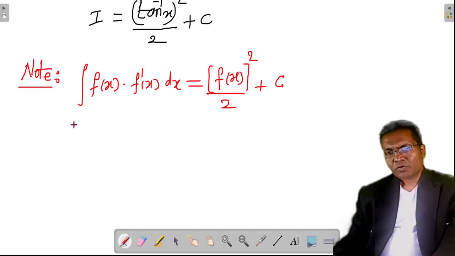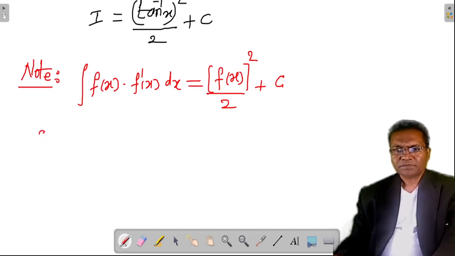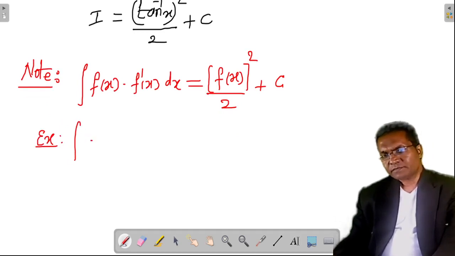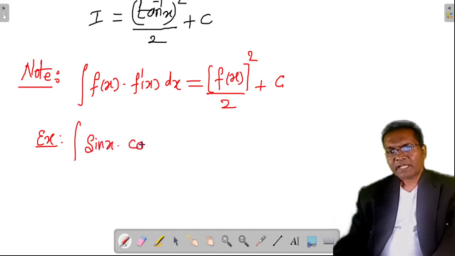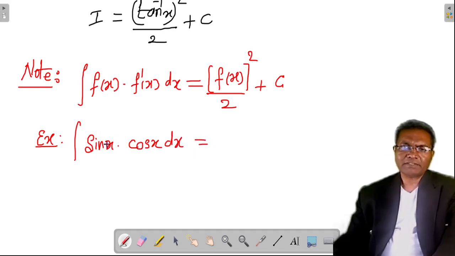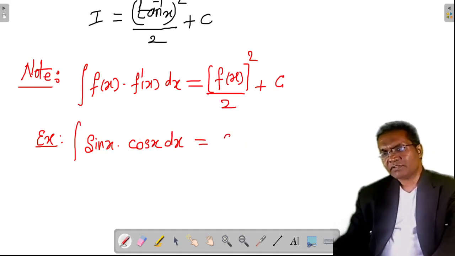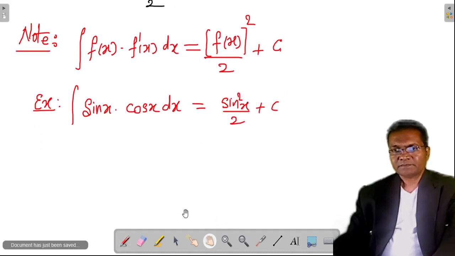So directly in case of CET, suppose you get the integration of sin x into cos x dx, one can write directly: the derivative of sine is cos x here, so its integration you can write immediately. It is sine square x by 2 plus c.